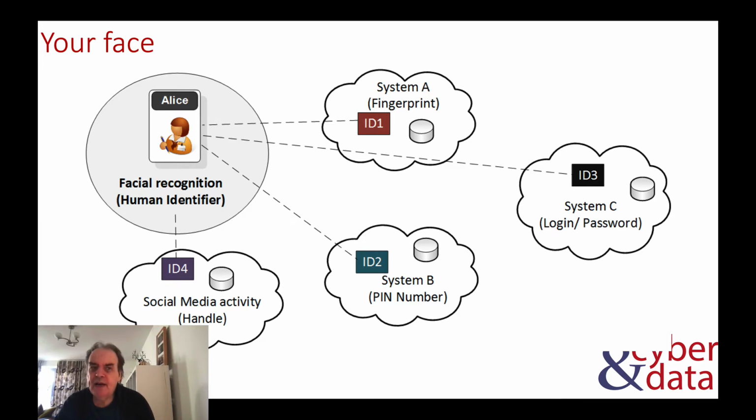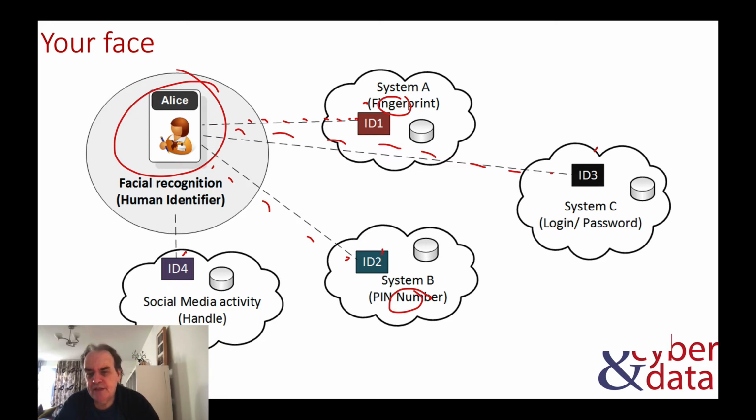So in this case, we might have a facial recognition, which is identifying different systems, and to be able to log in using a facial recognition plus a PIN number, or facial recognition plus a fingerprint, and so on. And if it's possible for systems to match your face to these biometrics, then you can see that companies might be able to cross-reference your identity from one system to another.